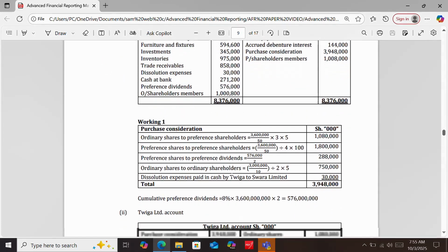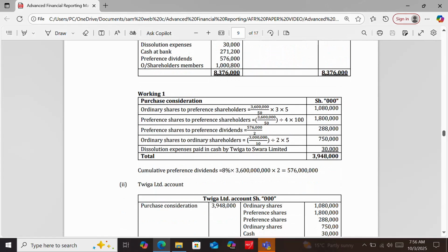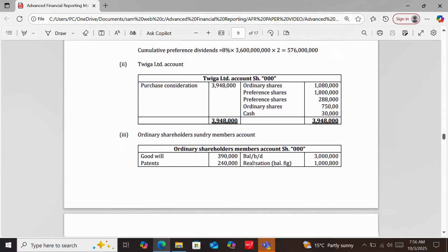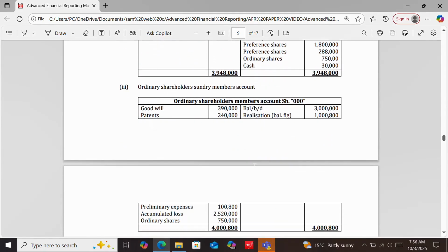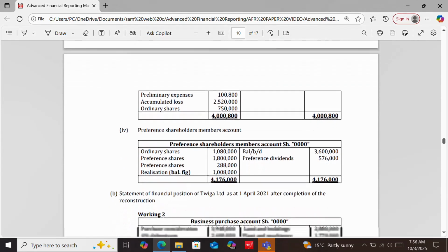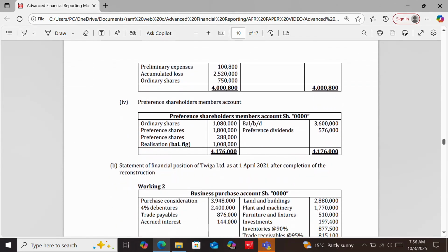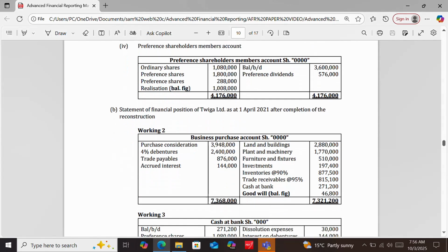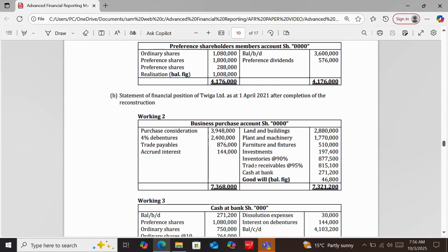Then we have working 1, and then we have Roman 2, Twiga Limited account, and Roman 3, ordinary shareholders sundry members account. And then we have the preference shareholders members account. Then we have the statement of financial position of Twiga Limited as at 1st April 2021 after completion of the reconstruction.